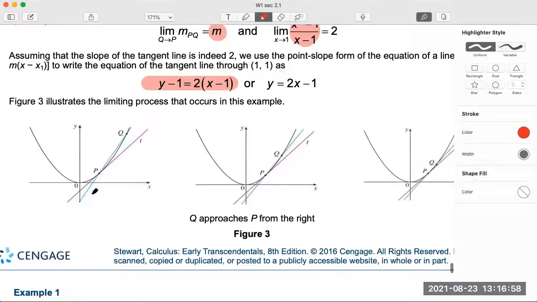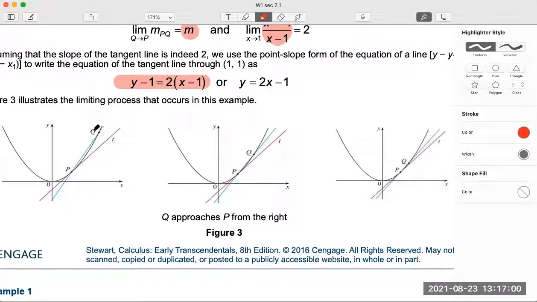We can see in the pictures. First one, when Q is far away from P, it would be this secant line. When Q comes closer, the secant line will somehow approach closer to the purple line here. And when Q comes closer to P, it will be this line. Okay? It will approach the tangent line.